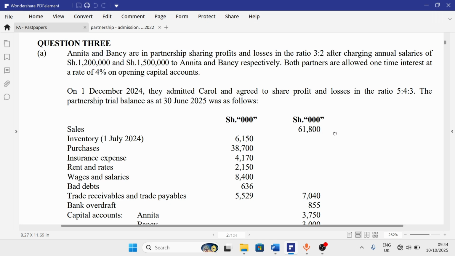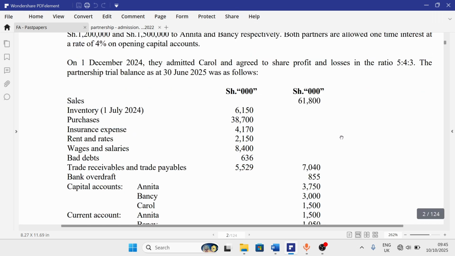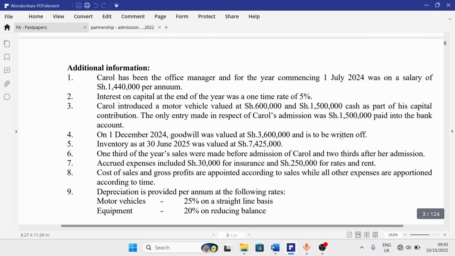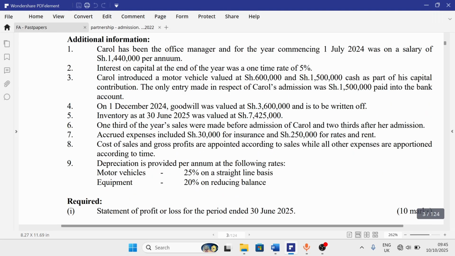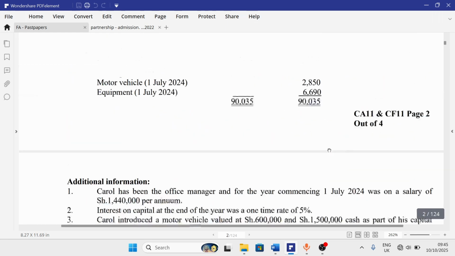So to know how we are supposed to apportion those sales, we will go to additional information number 6. So number 6 says 1/3 of the year's sales were made before admission of Carol and 2/3 after her admission. So in the first period, we will take 1/3 of the sales. In the second period, we will take 2/3 of the sales.